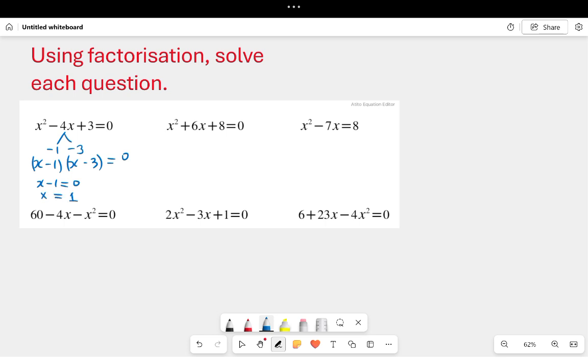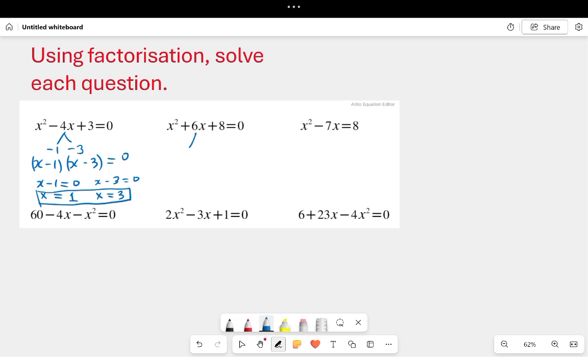The next one is x minus 3 is equal to 0, and the answer for x here is going to be 3. So the solutions are x equals 1 and x equals 3.